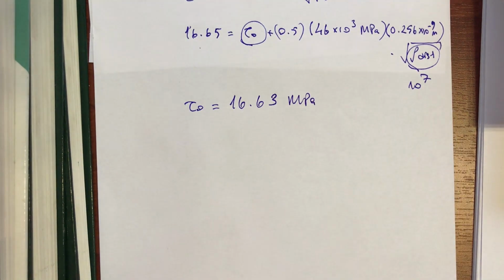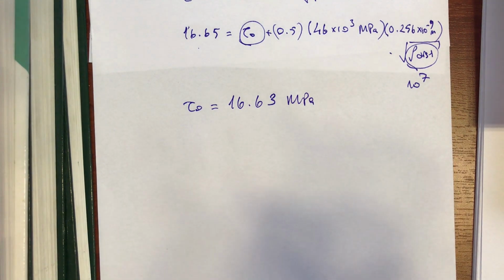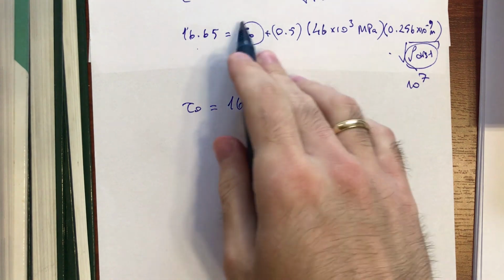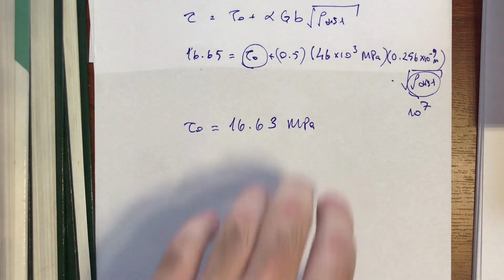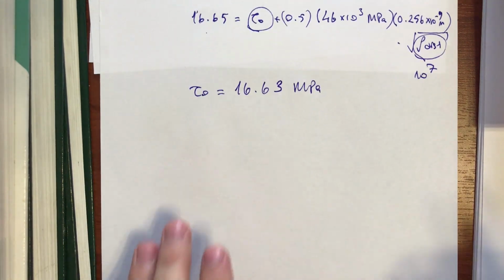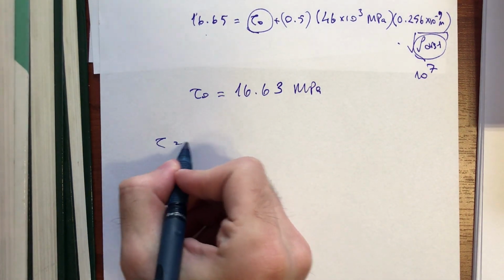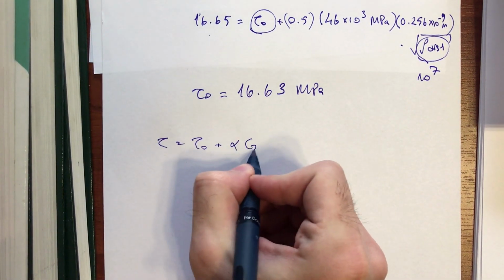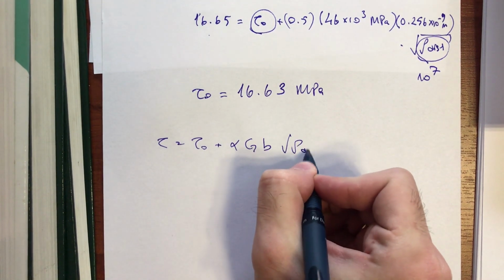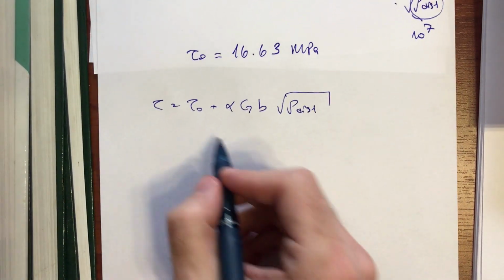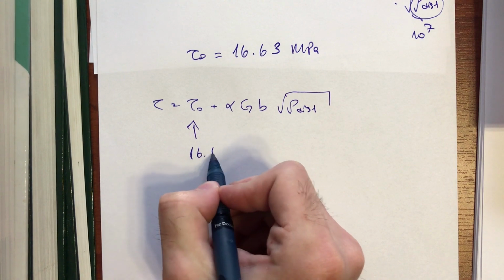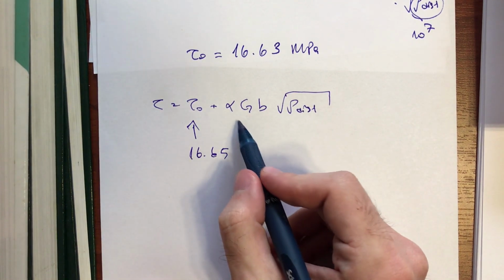So I thought I was wrong in assuming that tau 0 is going to be equal to the annealed condition, but it seems that I was actually right. So tau equals tau 0 plus alpha G b square root rho dislocation. You can take tau 0 to be 16.65.